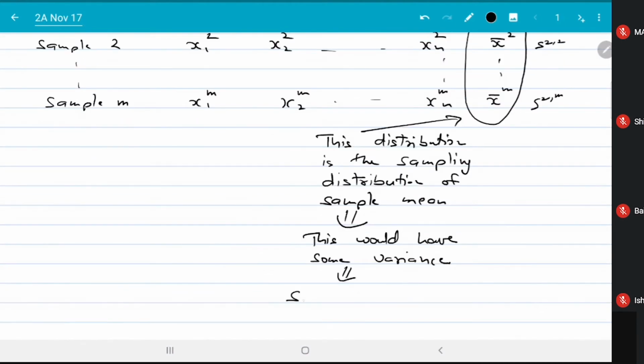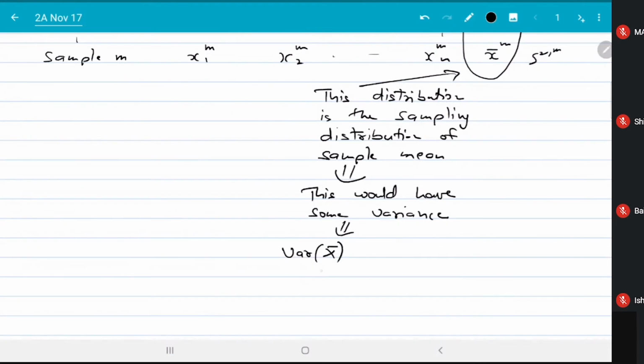Let me write this as variance of x bar. And the square root of variance of x bar, we will call the standard error of x bar.